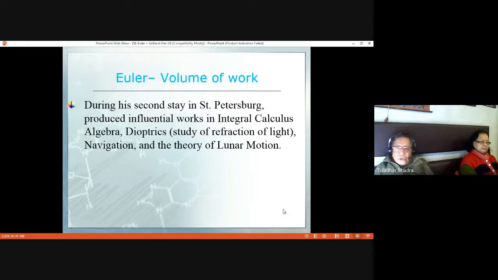During his second stay in St. Petersburg, he produced influential work in integral calculus, algebra, optics, which is more related with light, the study of observational light, navigation, and the theory of lunar motion. During his lifetime, he wrote more than 886 papers and books. Just imagine the huge volume of work he has done during his lifetime.